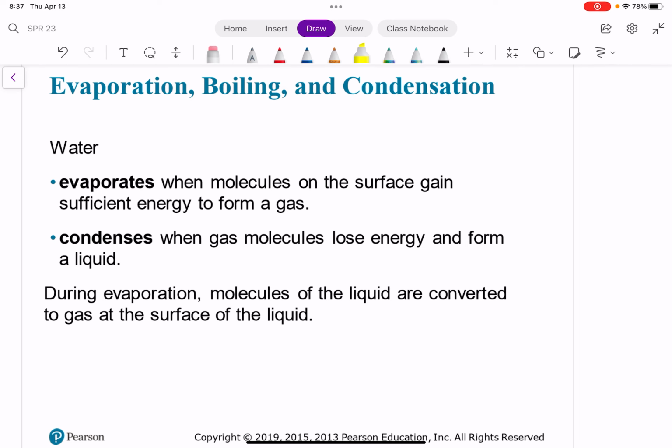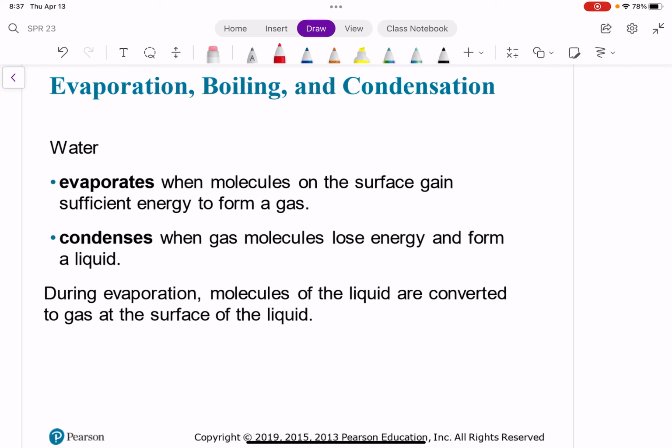All right, so evaporation, boiling, and condensation. Water evaporates when molecules on the surface gain enough energy to form a gas, right? So going from a liquid to a gas. Water condenses when gas molecules lose energy and form a liquid.